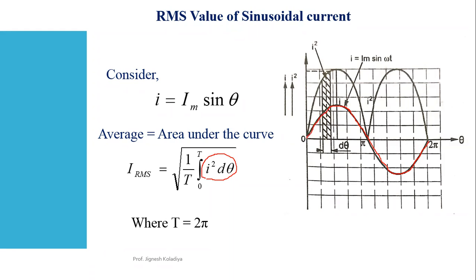Then consider this red waveform, which is Im sine omega t or small i, and I'm considering the smaller part out of the whole waveform, and that is having the width d theta. So we can write I square into d theta integration, then we are doing the integration over the whole cycle.